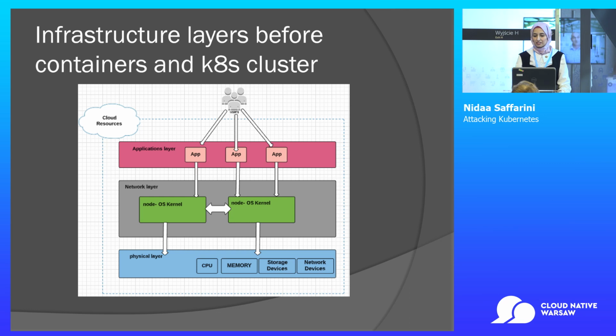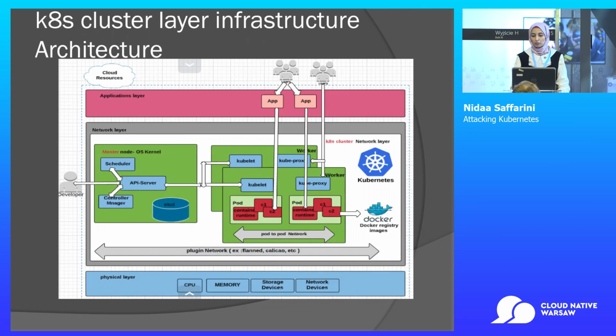The second difference is the way the nodes communicate with each other. Before Kubernetes, we only had a VPN network or private network or SSH channel or some secure channel. Now in Kubernetes, the node, even master node with worker or worker with worker. So master node with worker node talking via API server with a kubelet, and worker node talking with each other with a kubelet. And that means there is traffic between the nodes itself.